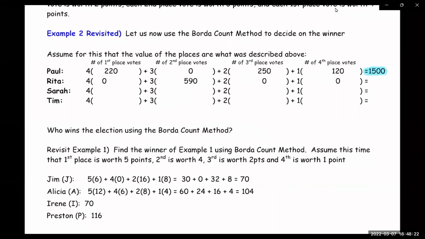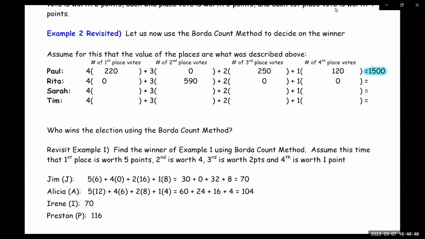All right, let's see Rita. Remember, Rita didn't get any first place votes. She got all the second place votes. She got 0 third place votes, and she got 0 fourth place votes. So what is her score? You can use a calculator. If you have your calculator handy, should be 590.